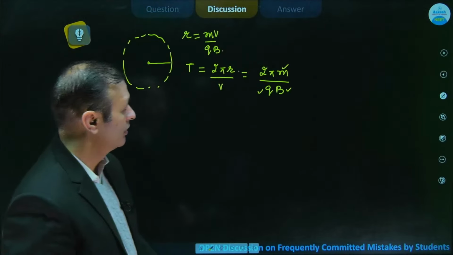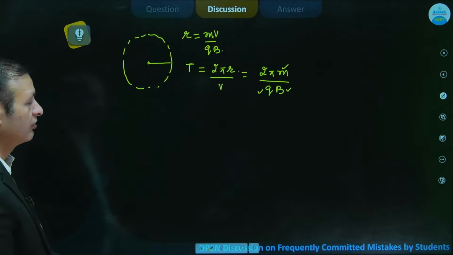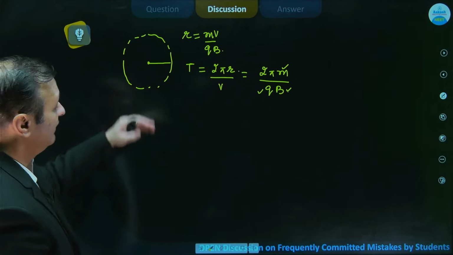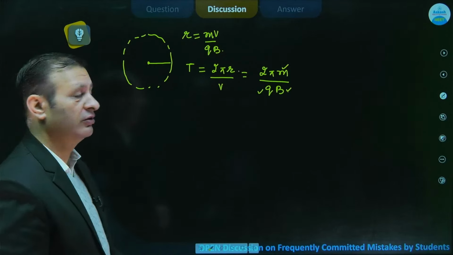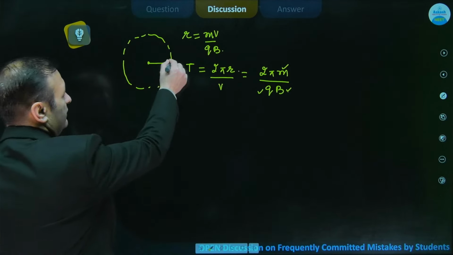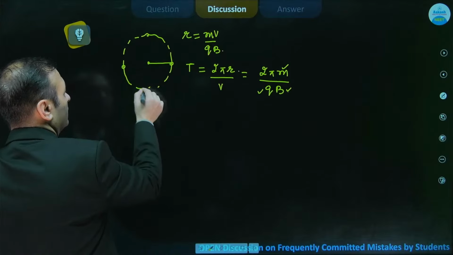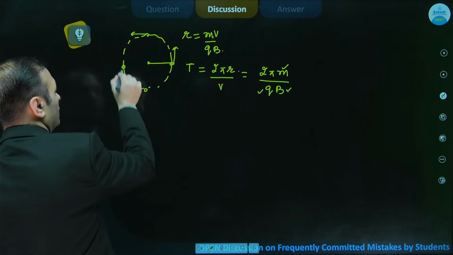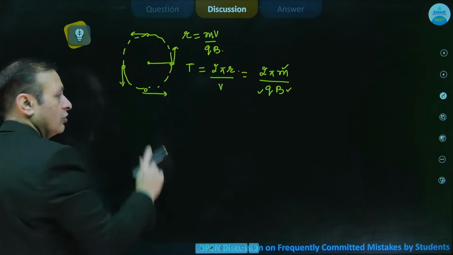I would like to highlight a few more things. Because this is moving in a circular path, because it has entered normally or perpendicular, its speed is not changing, whereas its direction is changing. Got it?